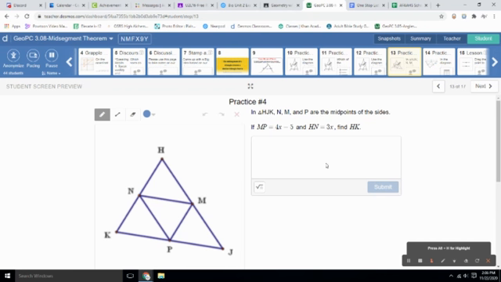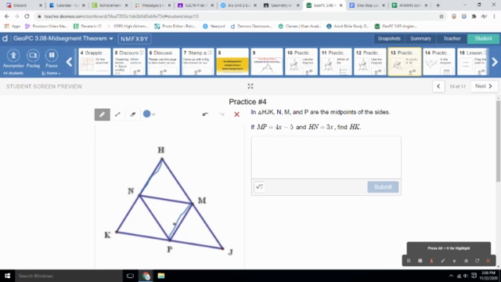Okay, let's point it out there. If MP is this, so let's put MP here in blue, and HN is 3x here, or actually, it seems like they're both going to be blue based on our mid-segment theorem. We need to find HK.